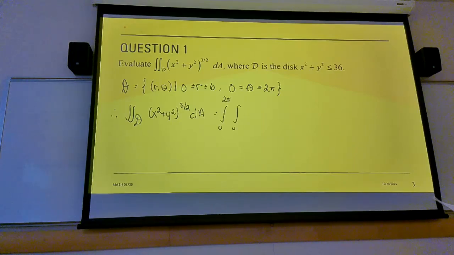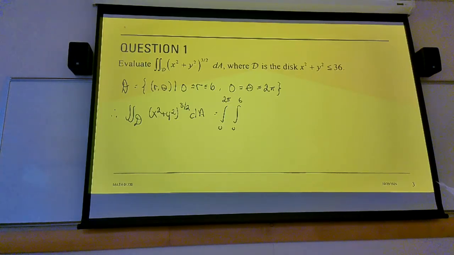Now write the integrand in polar notation. So how would you write x squared plus y squared to the 3/2 as a polar expression? r cubed.